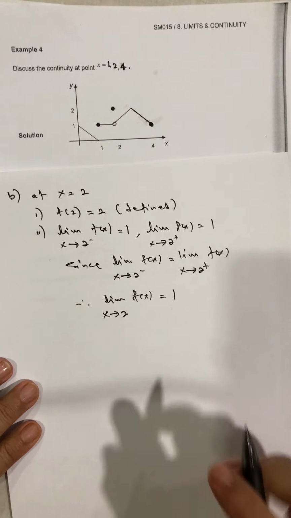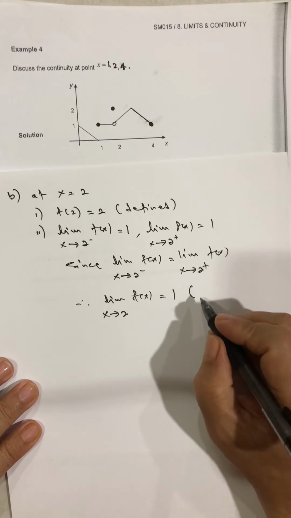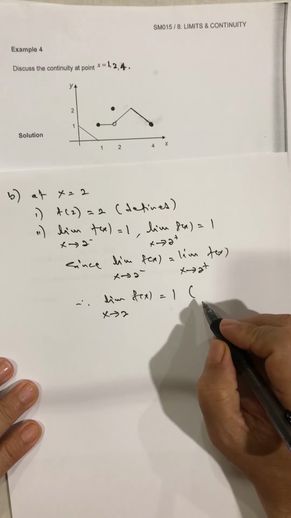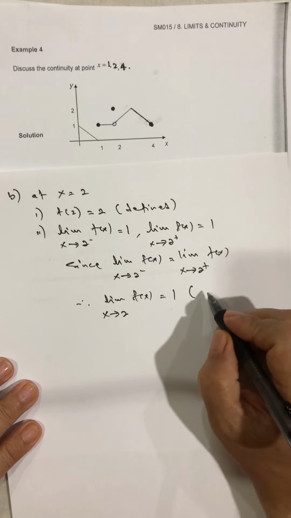That means the limit exists at x equals 2.